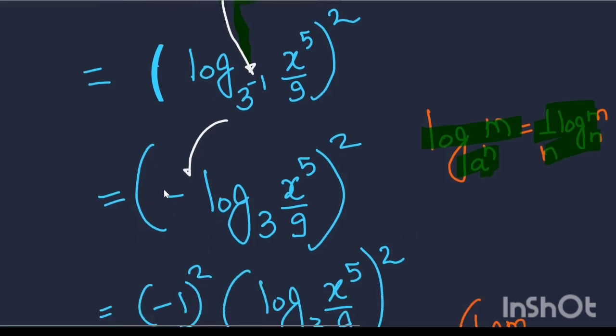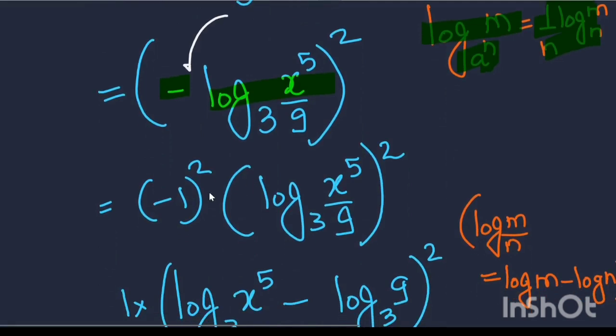So this minus 1 and this term are separated, and minus 1 square becomes 1.